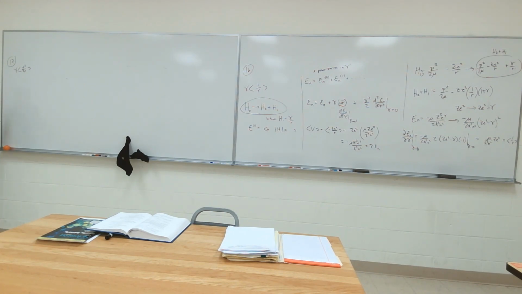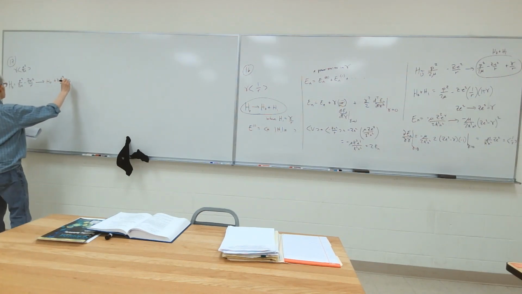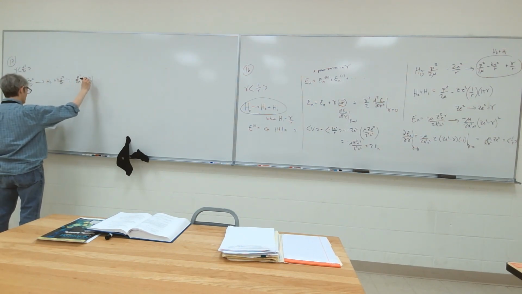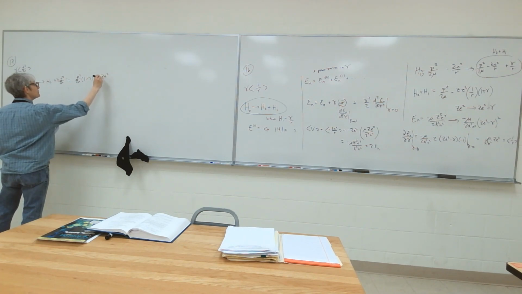And then we're going to say, okay, the 0th order Hamiltonian is p squared over 2 mu minus z e squared over r. And we're going to have that go to h naught plus gamma p squared over 2 mu. So, in other words, this is the same thing as p squared over 2 mu times 1 plus gamma, minus z e squared over r.